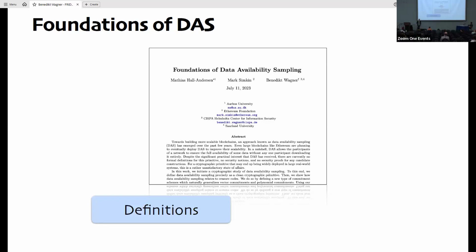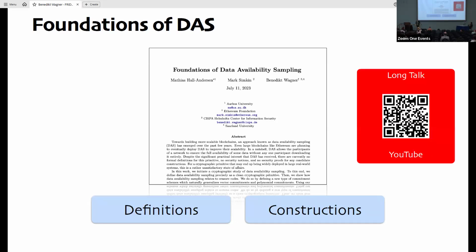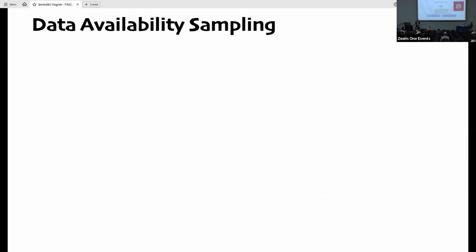We defined this thing as a cryptographic primitive formally with security requirements and syntax and so on. And we analyzed a bunch of constructions and developed new constructions. And if by the end of the talk you are convinced that this is something interesting, then you can look at this paper or you can look at a long talk that I gave on YouTube. Okay, but for this talk, I will just convey the intuition of what DAS is. I will not give the precise formal definition. So let's start with that.